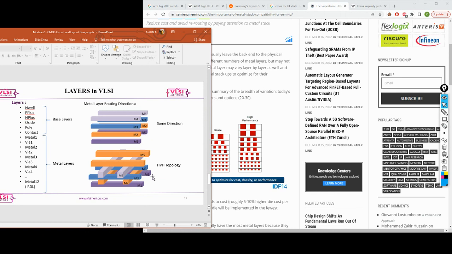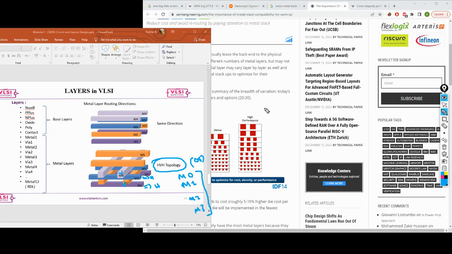Now moving on to the next one. Any question? Remember, we always have metals. For example, M1 is horizontal, M2 is vertical, M3 is horizontal, and M4 is vertical. We call it HVH. Remember, we do have M0 also these days in the lower nodes.